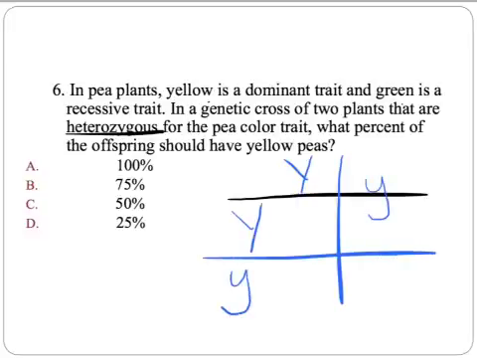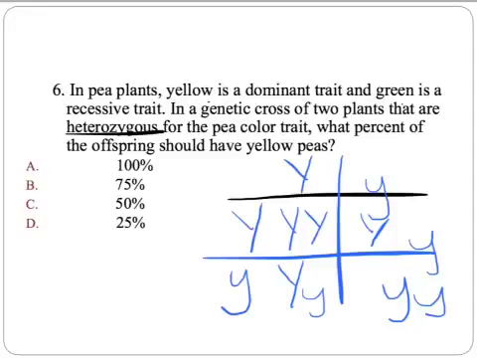So you have big Y, big Y, big Y, little y, little y, big Y, little y, little y. Because this one has the capital letter, it's going to be yellow. This one's going to be yellow because even though it's a hetero, it's still going to be yellow because it has the dominant trait. And this one's going to be yellow too for the same reason. So last time I checked, 3 out of 4 is 75%. And what's the correct answer, guys? Make sure you know.